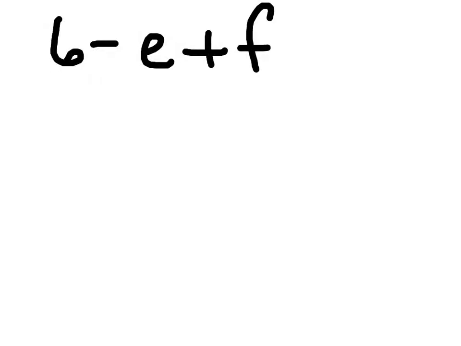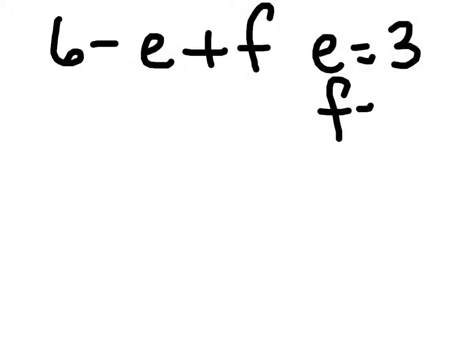Let's evaluate some other expressions by substituting the replacement value in, using that substitution property of equality. So if I have 6 minus E plus F, where E equals 3 and F equals 9, I'm going to substitute those values into that expression.